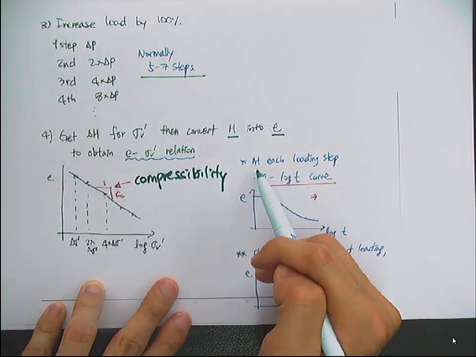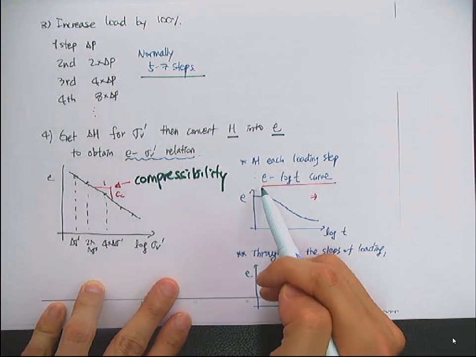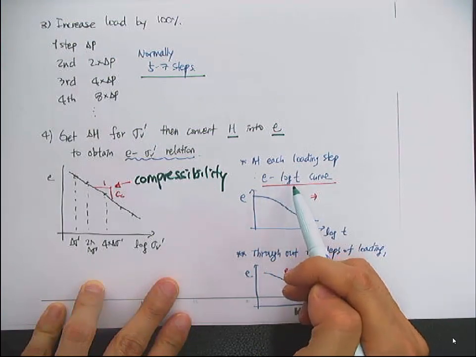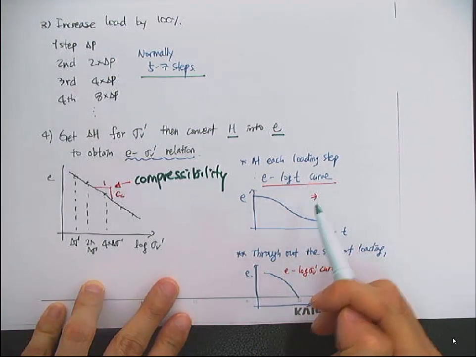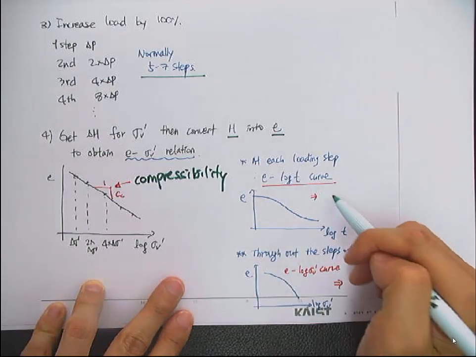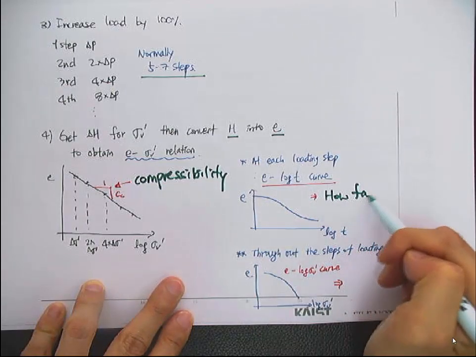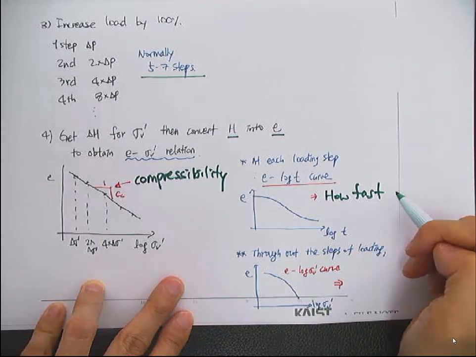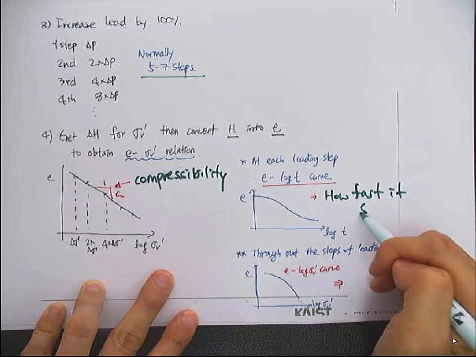So at each loading time, you get the E versus logarithmic time curve, so E versus log T curve. And this can tell you how fast the settlement occurs, etc.